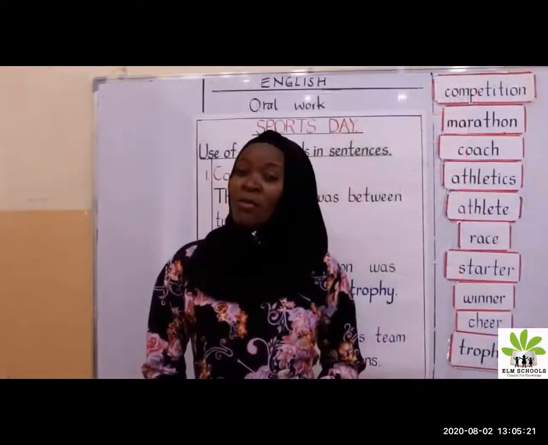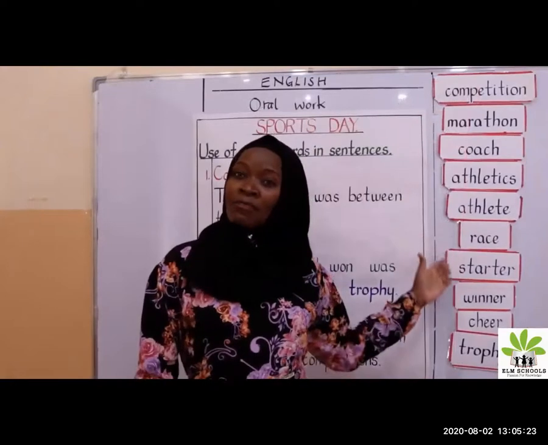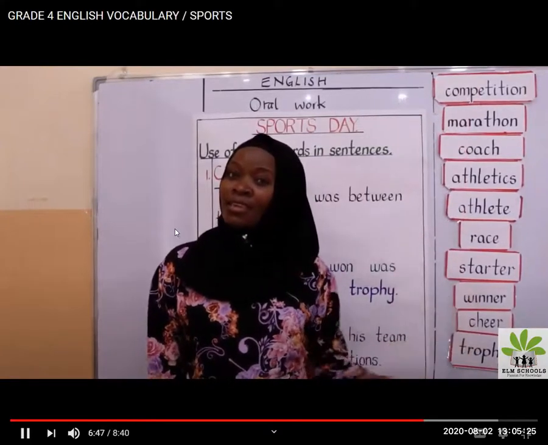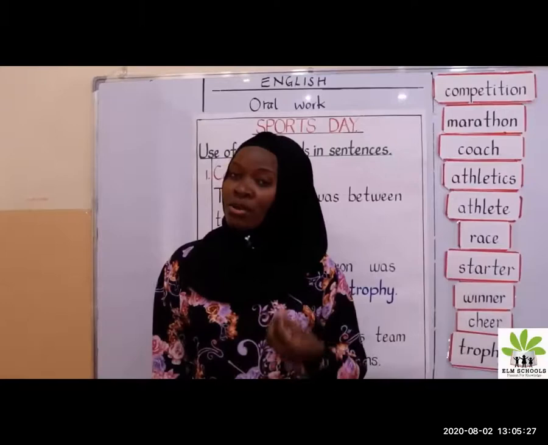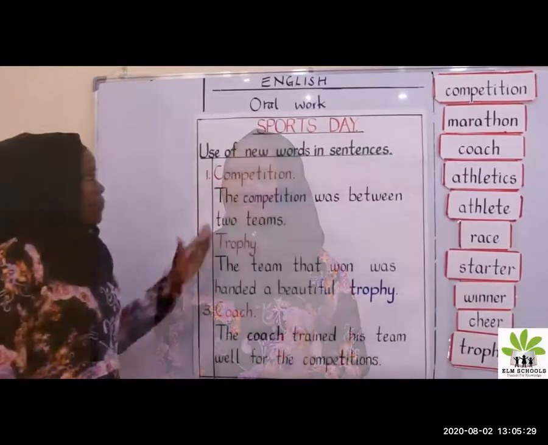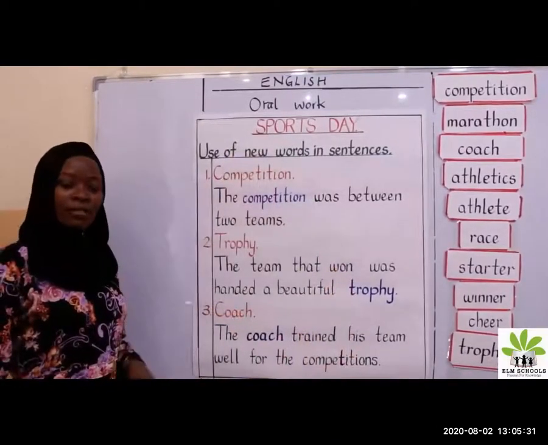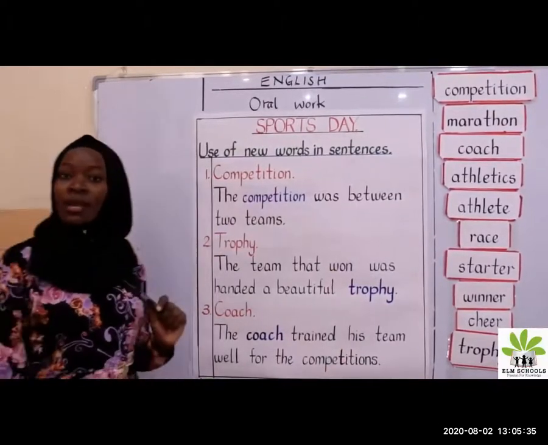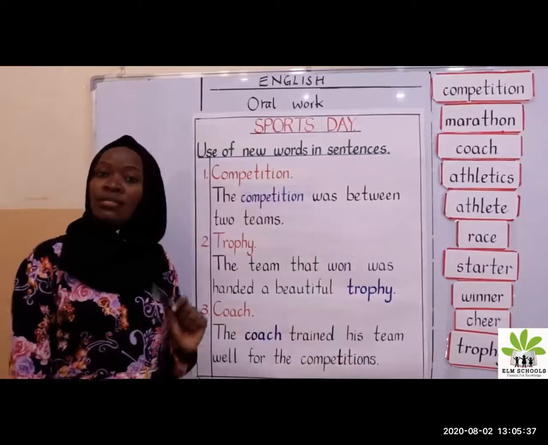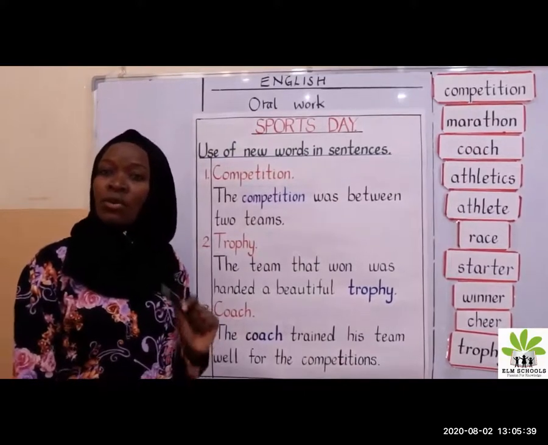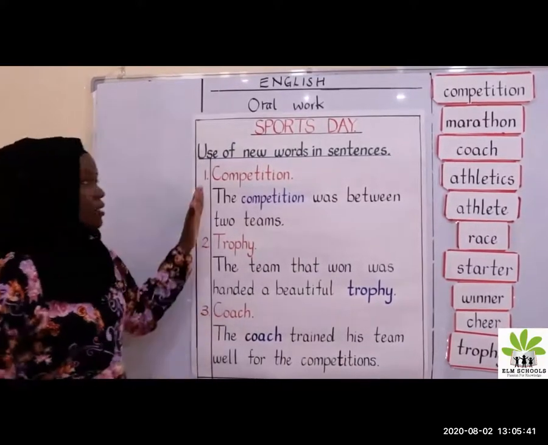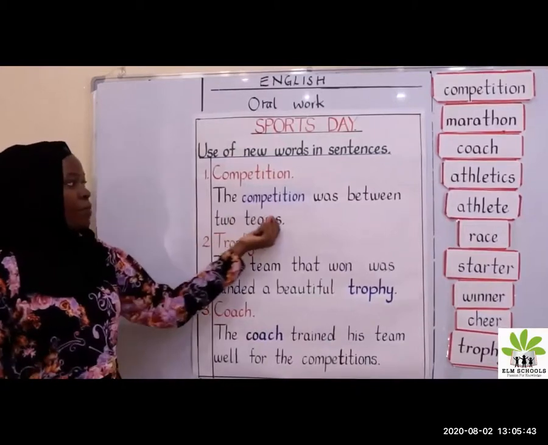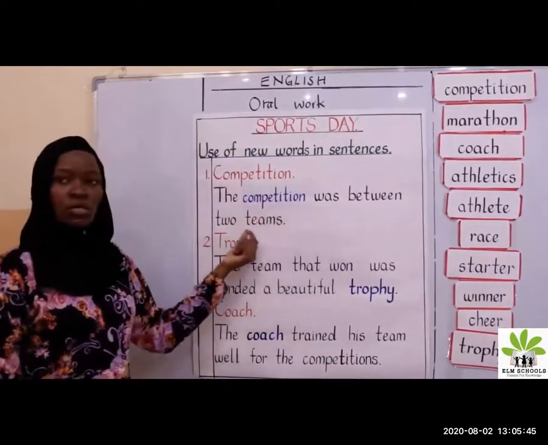Now, I want us to look at how we can use some of these words that we just learned today in constructing correct sentences. Now, in my sentence number 1, I used the word competition. As I said earlier, competition is a struggle to gain or win something. And the sentence here is: The competition was between two teams.